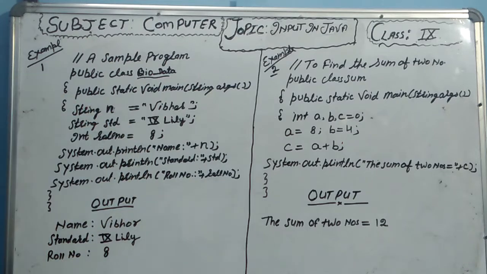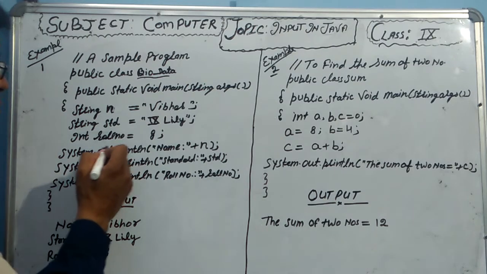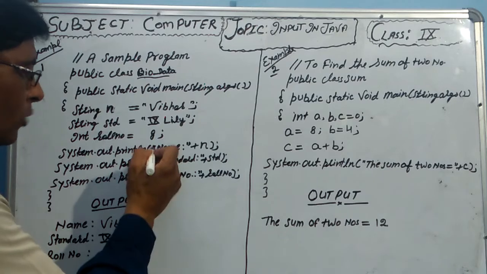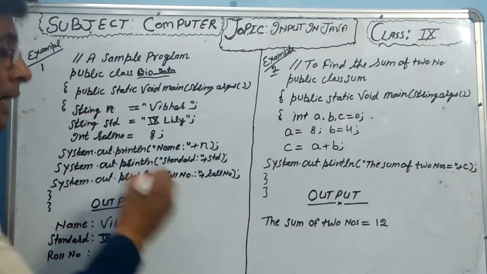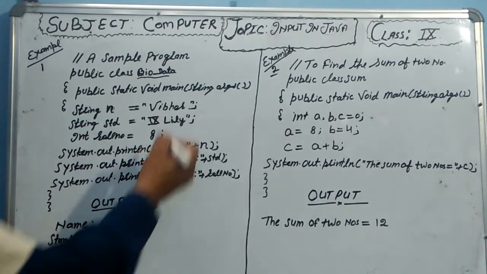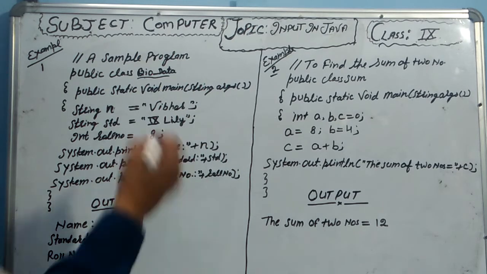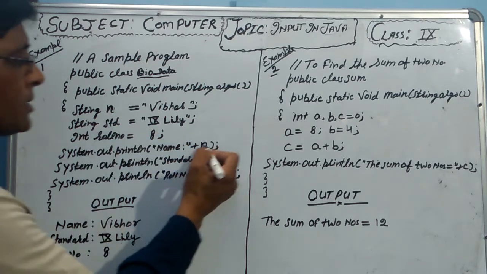Now we have to print, so we have to use the output statement, System.out.println, bracket and then double quotes, name, colon and semicolon. If you write any information in double quotes, it will be printed the same as it is. Then the value of the name is given, you have to define here n, so plus n.